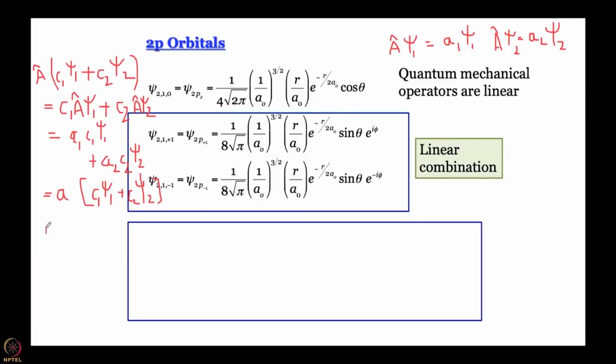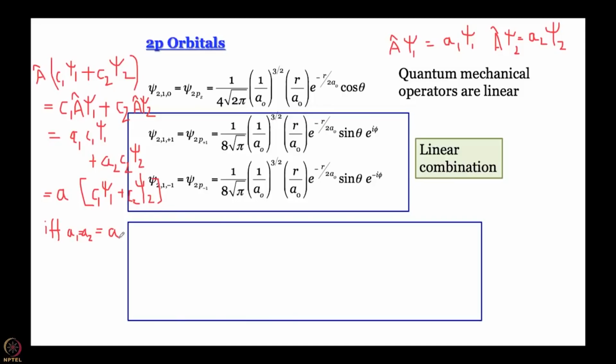This will happen if and only if A1 equals A2 equals A. In other words, a linear combination of two acceptable eigenfunctions of an operator is also an eigenfunction provided the two wave functions have the same eigenvalue.